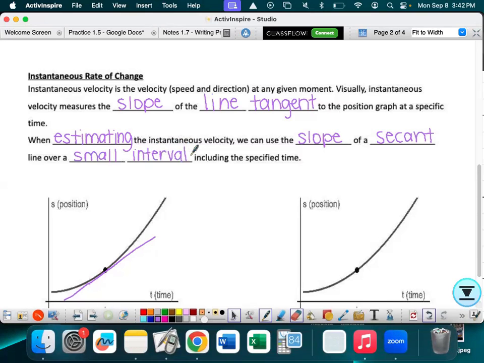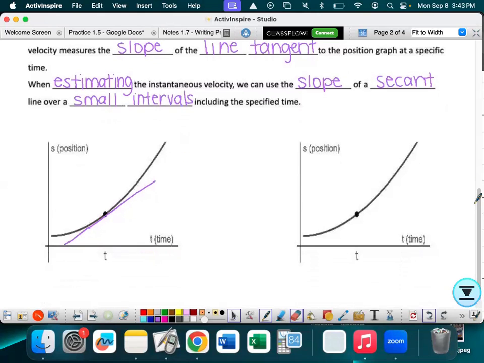Now, there are various intervals that you can use, but you want them to ideally be small and include the time. So maybe I would choose a small window from here to here. So that would be my secant line that I choose. It looks very close to the slope of the tangent line that I have over in this graph over here. So ideally, the smaller the interval, the better your estimate will be.